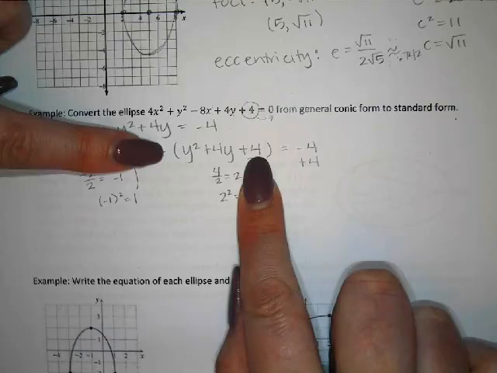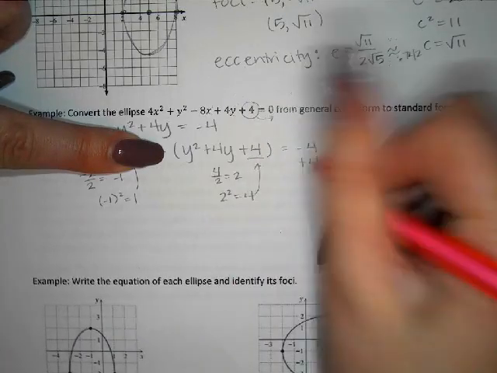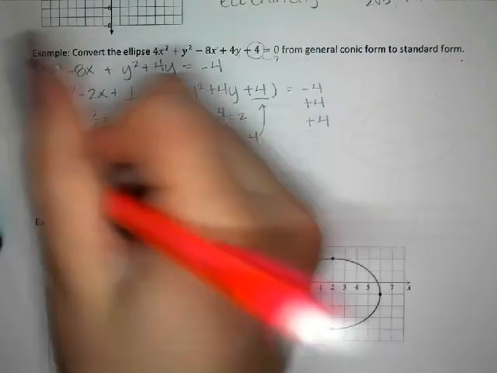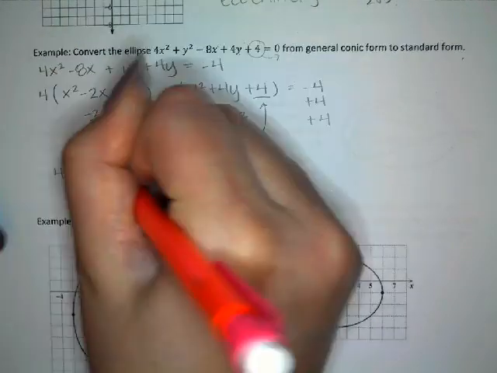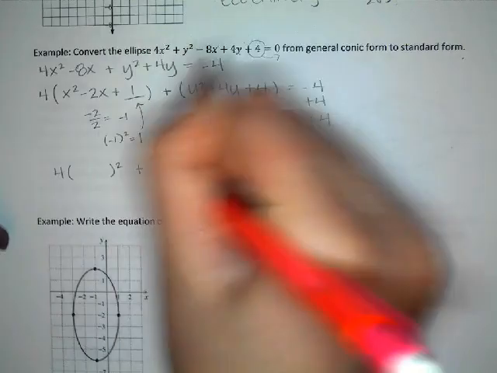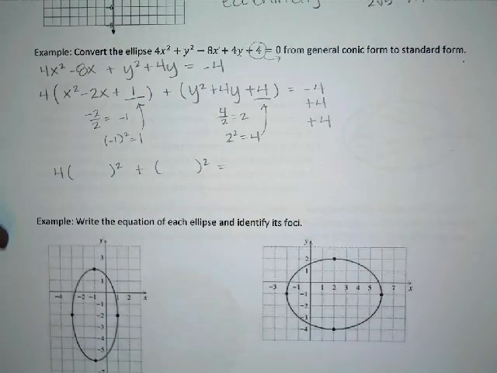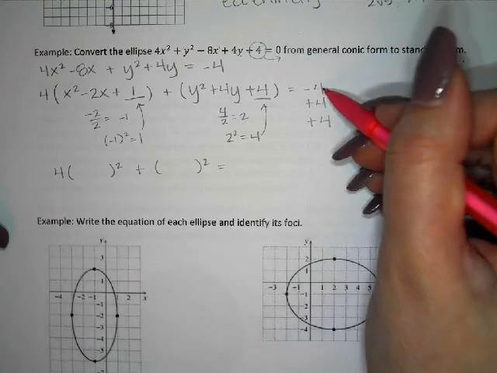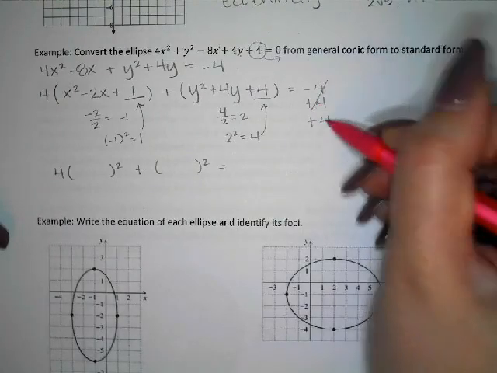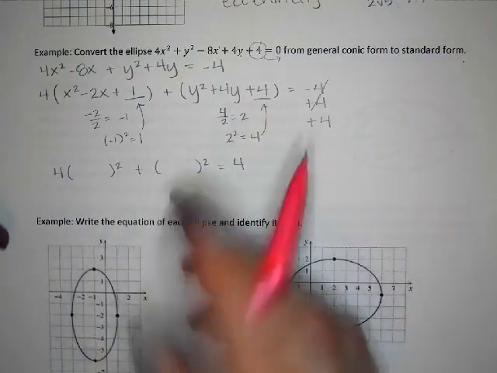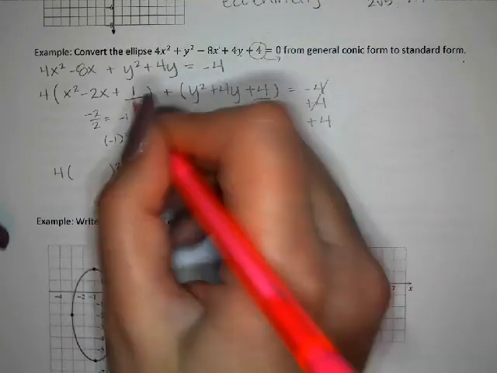And so I'll add another 4 to the right side. Okay, so I've got 4 times something squared plus something squared equals some sort of number over here. So I can do that real quick. These zero out, we just get 4. Okay, so in here, whatever number you got when you divided by 2, that's what goes in the parentheses.